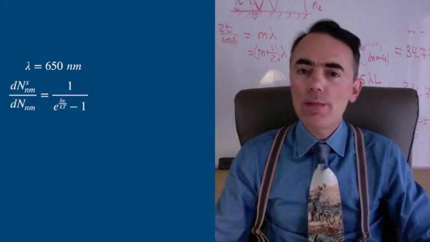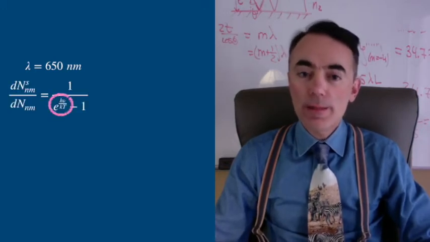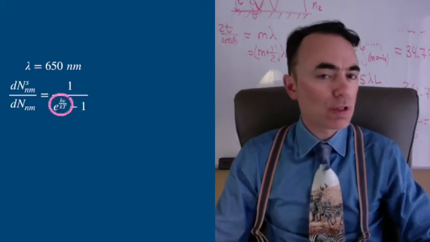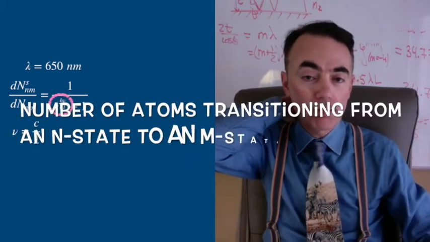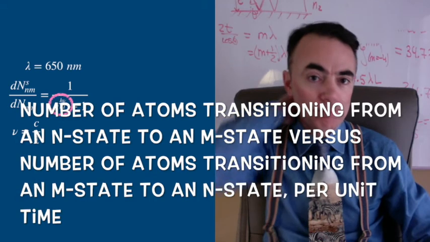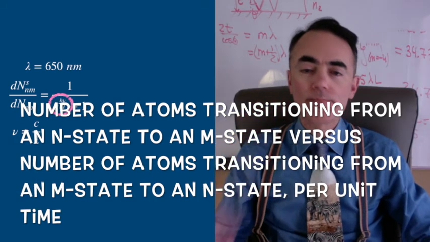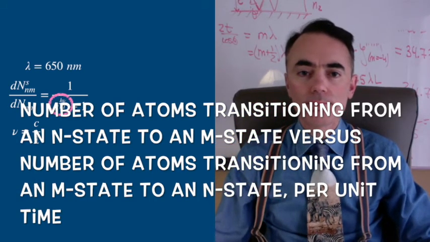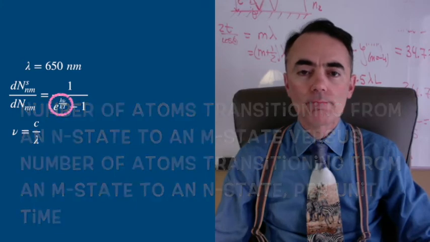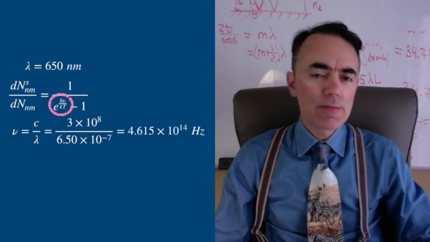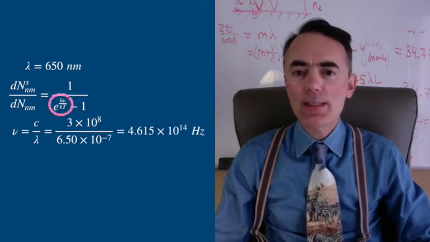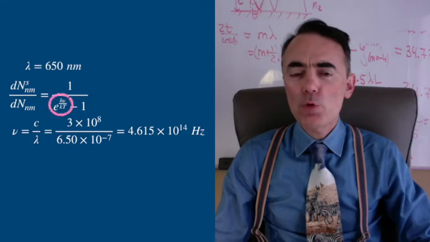Let's calculate this exponent and this ratio of stimulated versus spontaneous emission for a room temperature of 300 Kelvin. This gives a frequency of 4.6 times 10 to the 14 Hz.